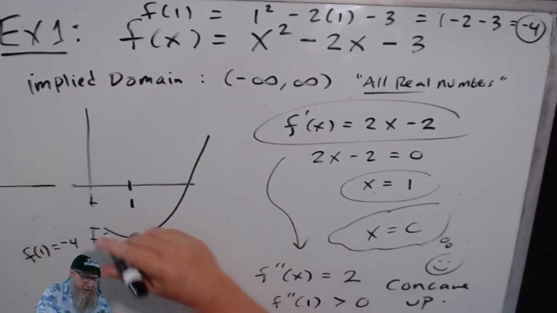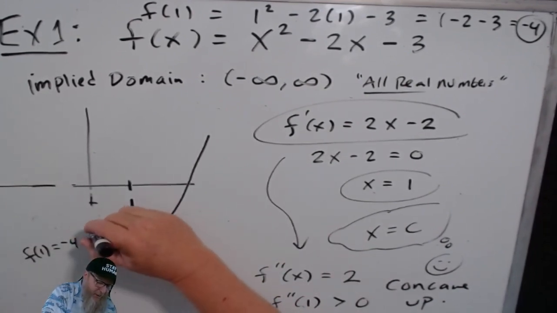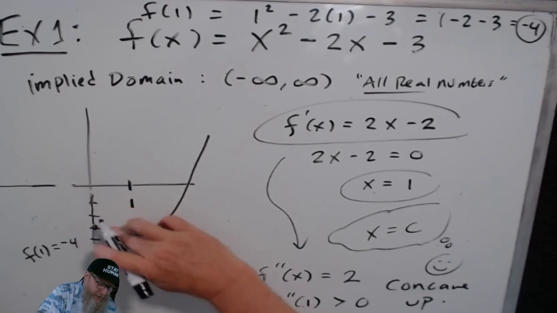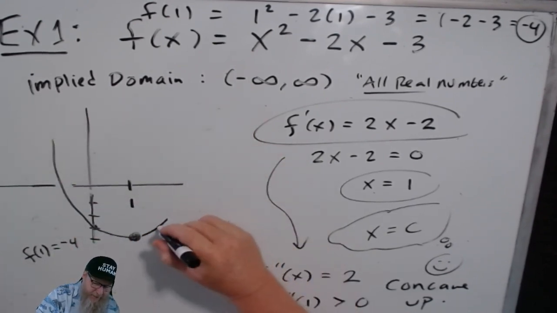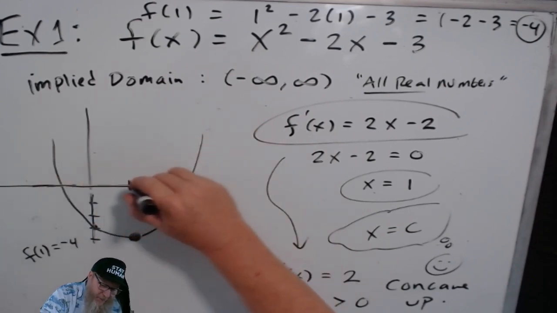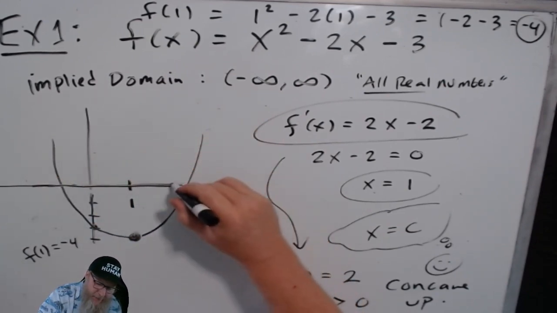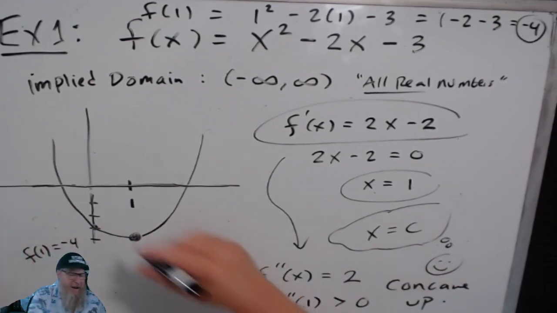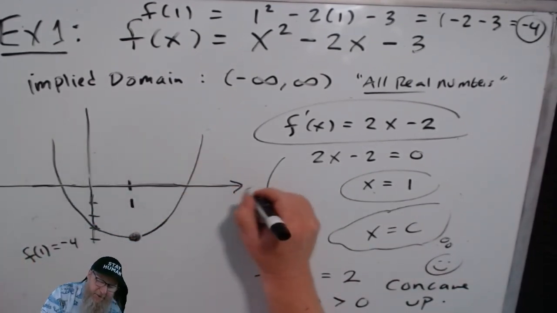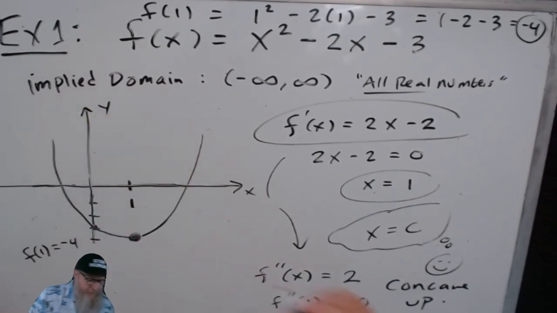If I wanted to plot another point, I could plot a point. It crosses the y-axis at negative 3. And that's not a very good graph, but it's good enough for this example.